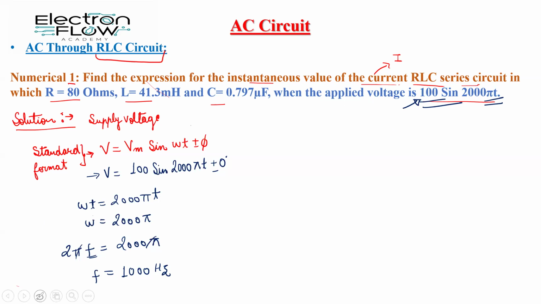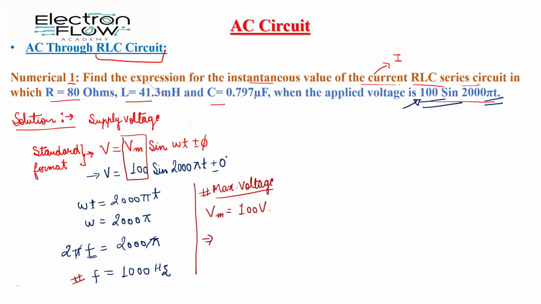Next, comparing the other factors, the maximum voltage Vm is 100 volt, and the phase angle for the voltage is 0 degree. Firstly we have calculated the frequency, secondly the maximum voltage, and next the phase angle.